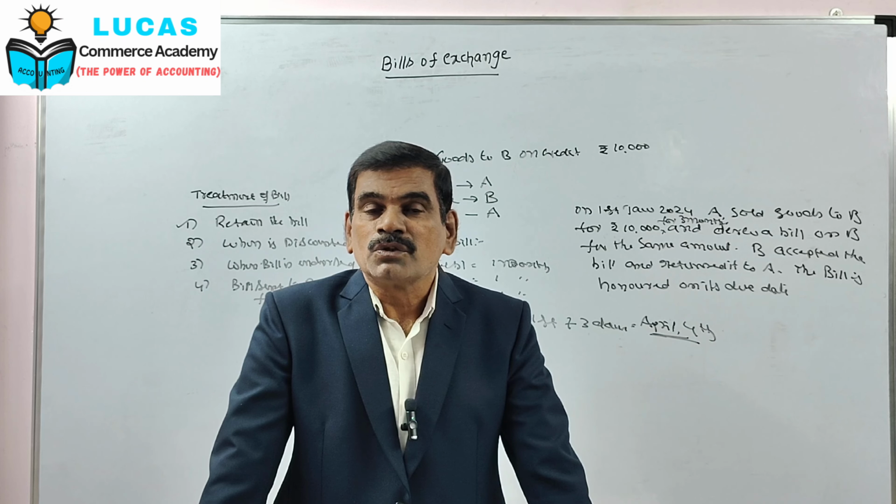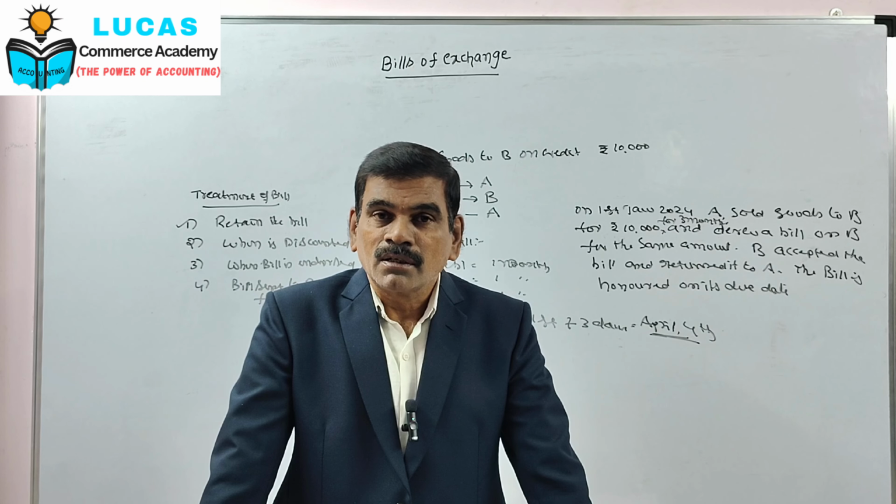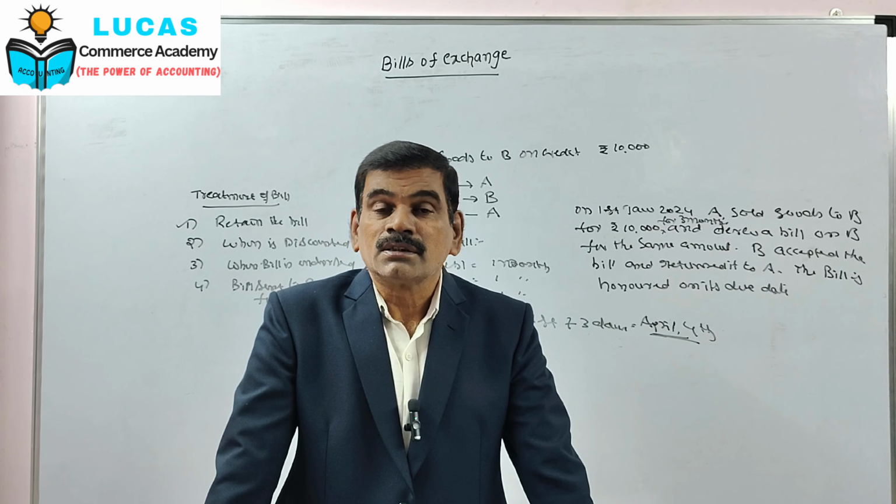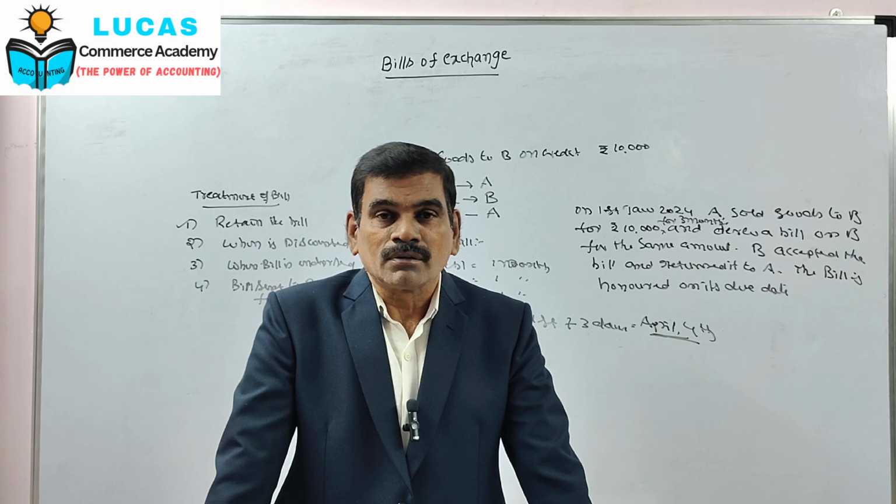There are three parties to bills of exchange: drawer, drawee, and payee. Drawer means the person who draws or makes the bill. He is seller or creditor. Drawee means the person on whom the bill is drawn.